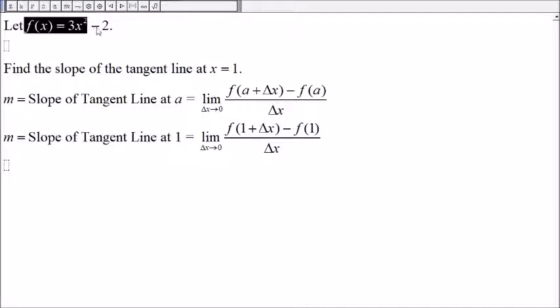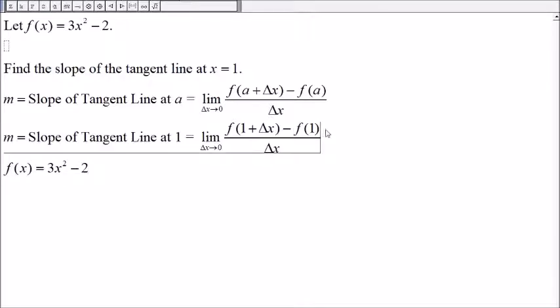So let's go ahead and copy this first. So f of 1, in the place of x, we just replace the x with 1.